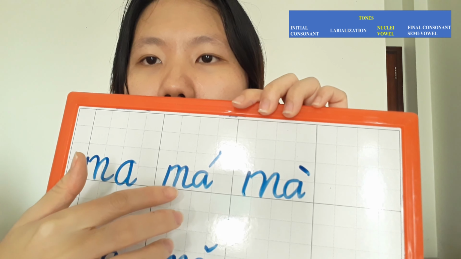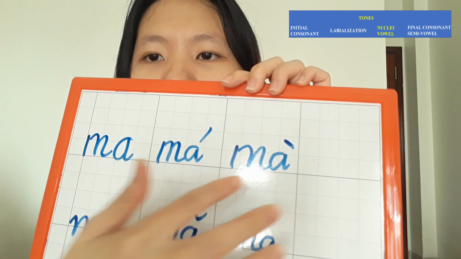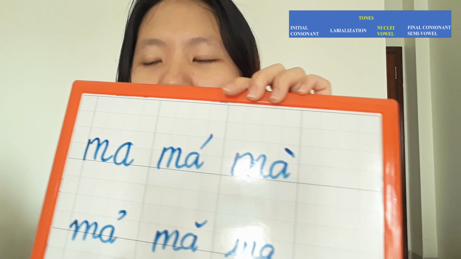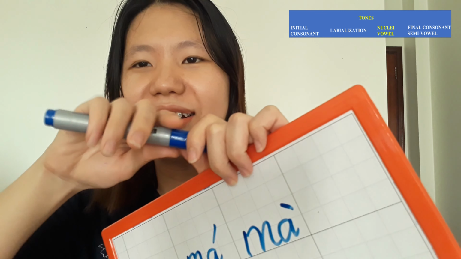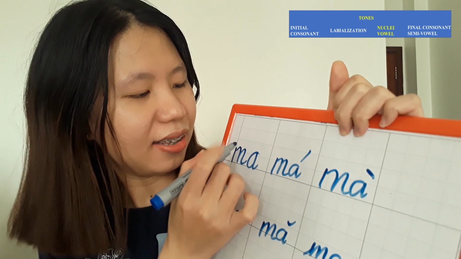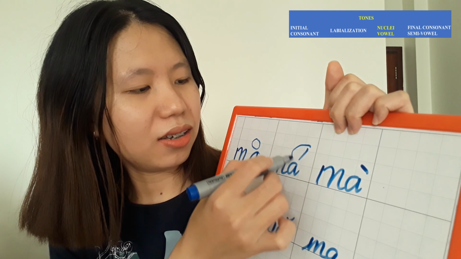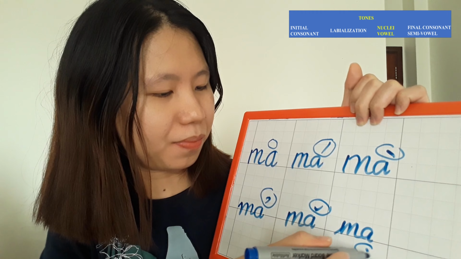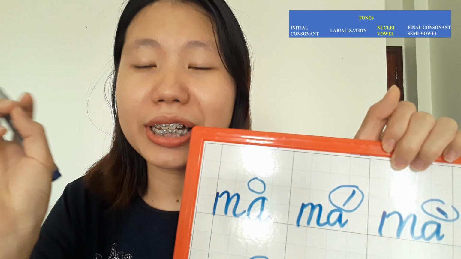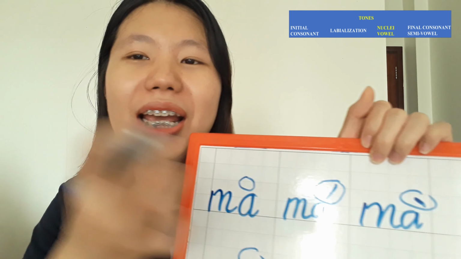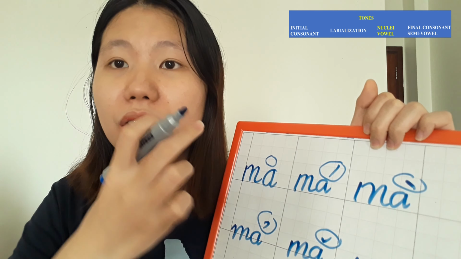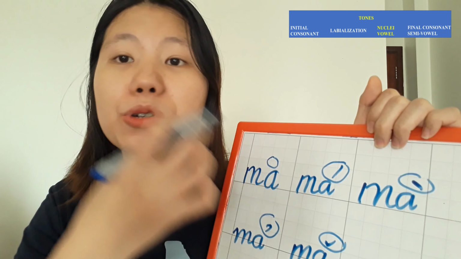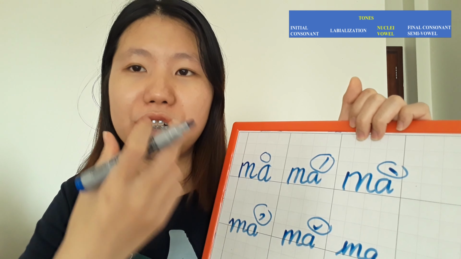Ma, ma, ma, ma, ma, ma. These are tones. When you learn Vietnamese, please pay attention to the tones. Learn tones carefully, because in Vietnamese, if you change the tones, the meaning of the words could change.